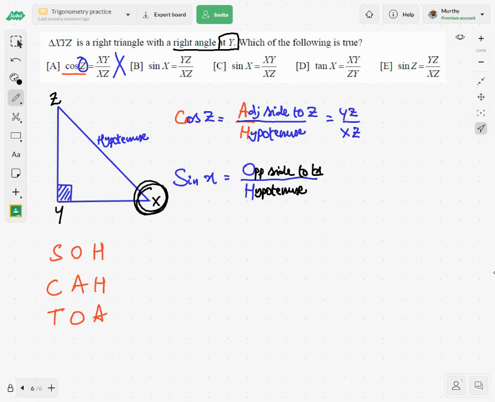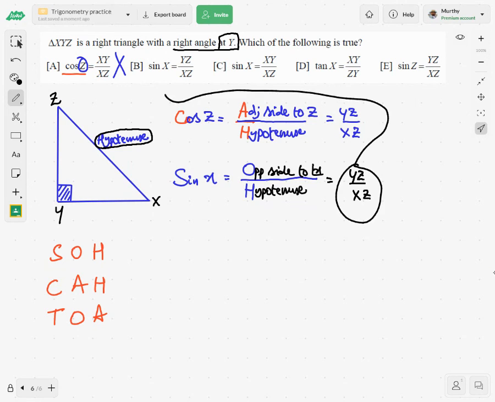I see that here is X and the opposite side is YZ, so YZ over the hypotenuse, which always stays the same, XZ. YZ over XZ. Now, is it matching with the given condition YZ over XZ? Absolutely, yes, it is matching. Therefore, I have to consider this one as the answer.